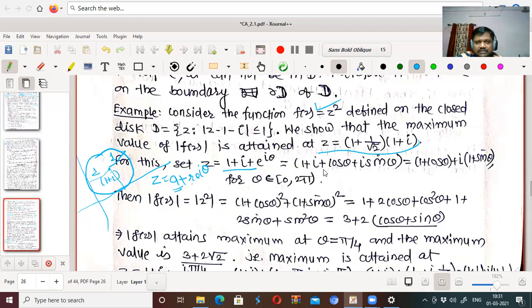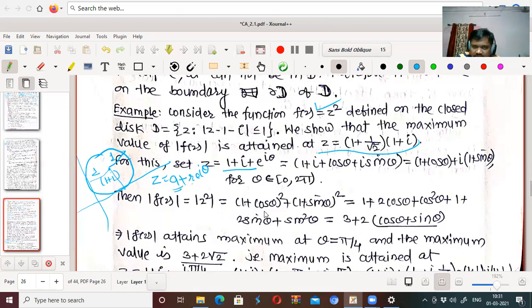which is equal to 1 plus i plus cos theta plus i sin theta, for this e to the power i theta. That is 1 plus cos theta plus i into 1 plus sin theta, for theta belongs to 0 to 2 pi. Then mod f of z equals mod z square. Mod z square is mod of this square. So mod of this square means what?